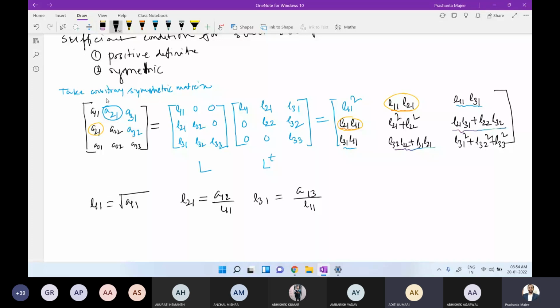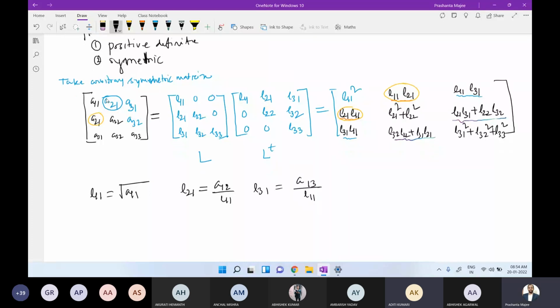Next will be the second column of L. So you have to find out L22. How to find out L22? You have to compare accordingly and tell me what is L22.